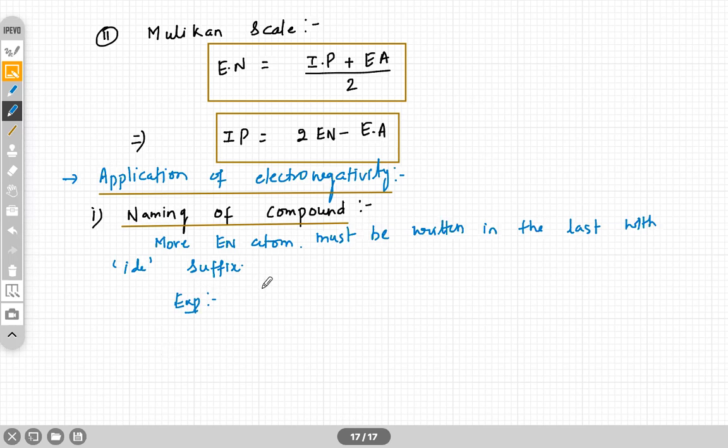If you write IBr, what is the name of this compound? If you write Cl2O? Bromine is more electronegative, right? So it is iodine bromide.